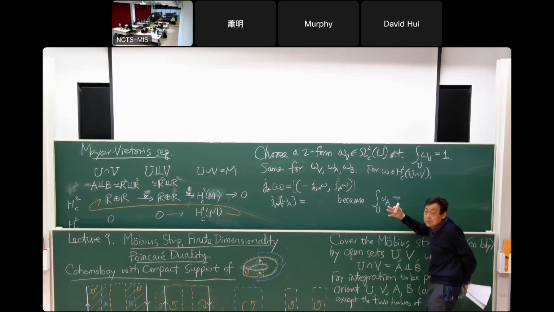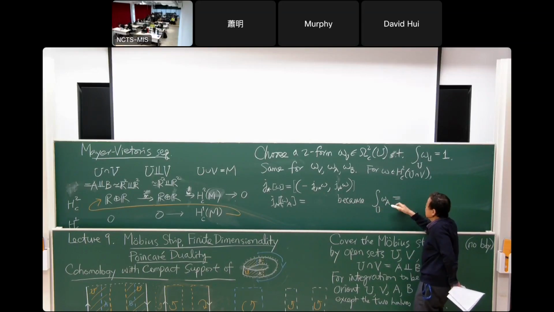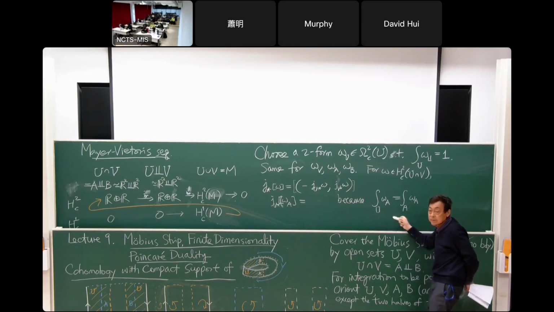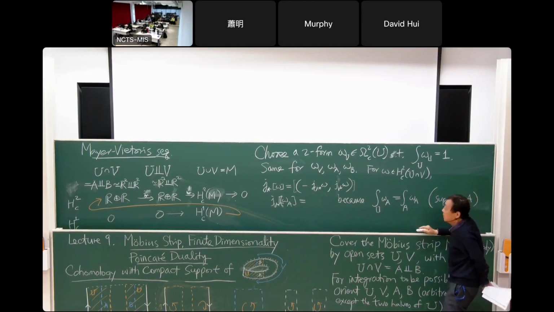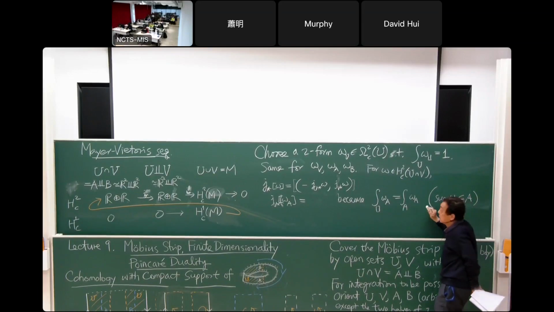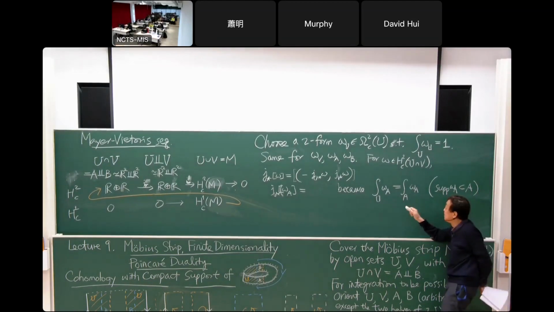If you get 3, it would be 3 times the generator, omega U. Because the support of omega A is in A, when you integrate over U, it's the same as integrating over A. So outside of A, the integral contributes 0.